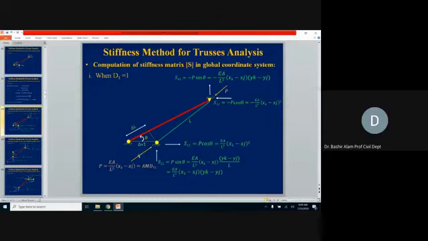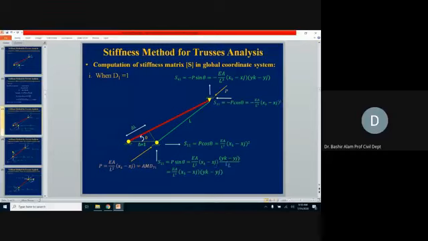The vertical component of this diagonal will be S21, and it will be P sine theta, the vertical component I'm talking about, which is shown here. So P sine theta, with P as EA over L square times XK minus XJ, which we found in the previous slide, and sine theta is YK minus YJ divided by L. So here it is EA over L cube times XK minus XJ times YK minus YJ.